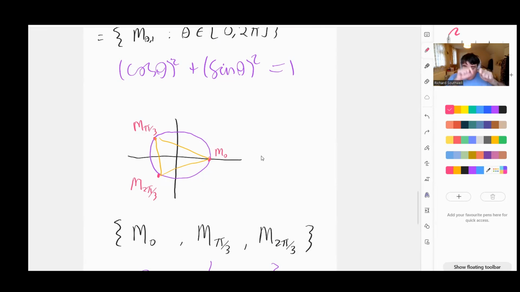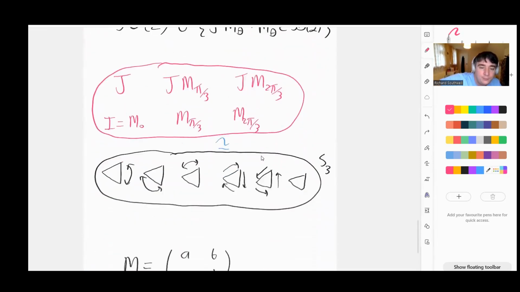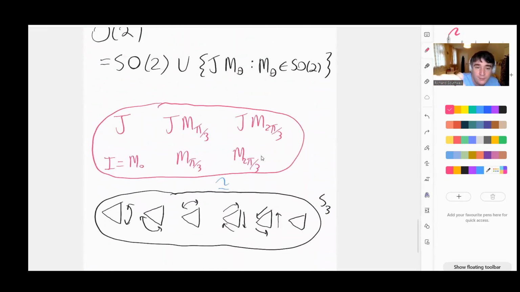But if you have a cardboard equilateral triangle, yes, you can do these 1/3 or 2/3 rotations, which leave it looking the same, but you can also flip it over, right? You can take an equilateral triangle and flip it upside down like that. And so it turns out that if we think about this structure inside O2, not only do we have these familiar elements, but we also have these three here, then this is going to form a group.